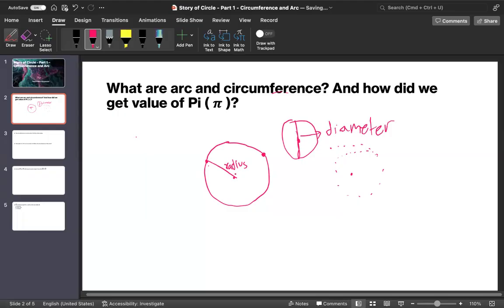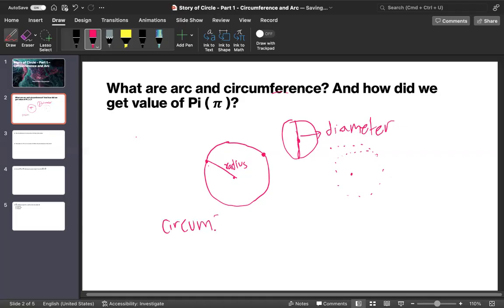Okay, so on to pi. So let's pretend we're some ancient Greeks and we want to find the value of pi. So if you want to try an experiment, you can get various circular objects. So we're going to measure the distance around the object, which is the circumference.